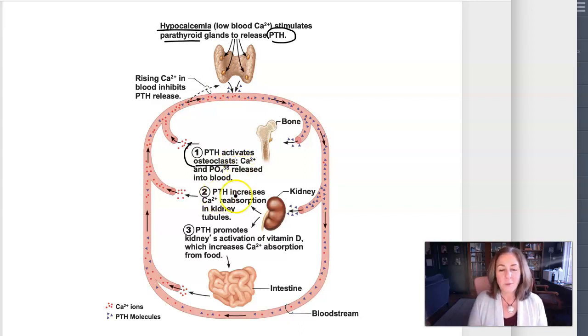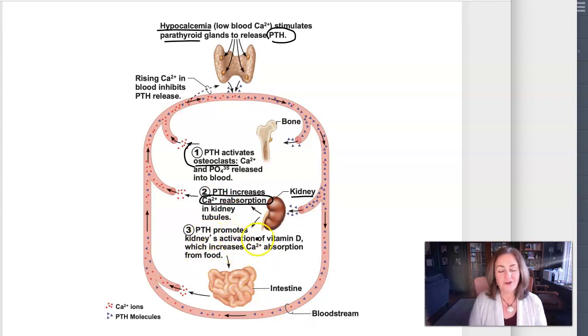Parathyroid hormone will also target the kidney, because we do lose calcium in the urine. What parathyroid hormone will do at the level of the kidney is cause calcium reabsorption. So instead of having that calcium spill over into our urine, it would take it back and put it into the blood.